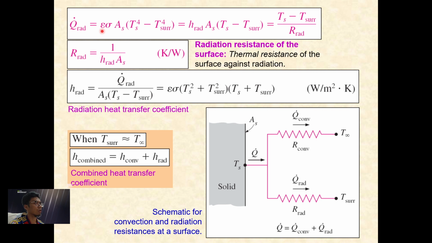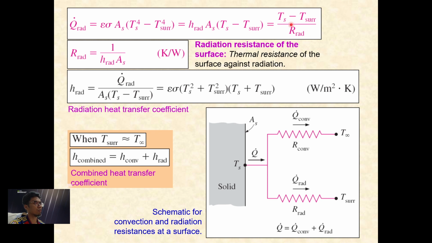So we need to make emissivity, Stefan-Boltzmann, surface area, surface temperature and surrounding temperature into the radiation resistance here.